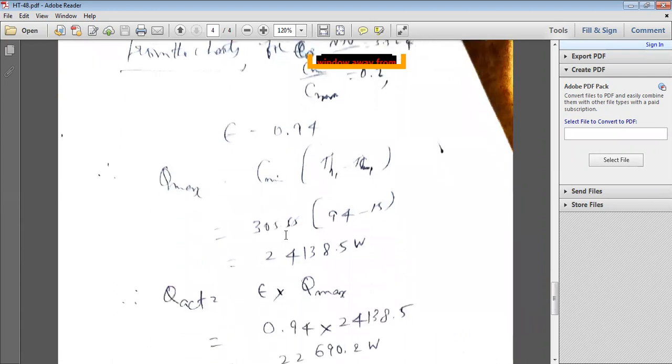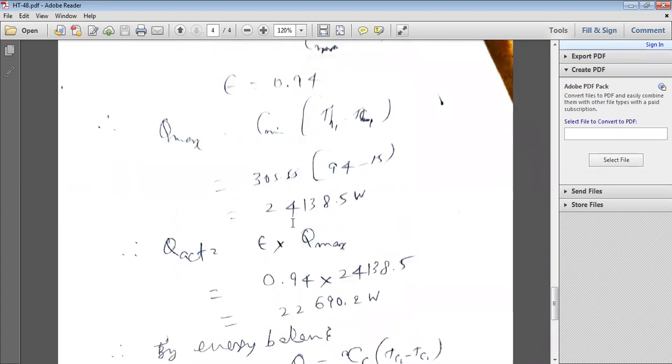That's why Q max is equal to 305.55 into 94 minus 15. From this, you will get the maximum heat transfer rate from this given heat exchanger. Q max is equal to 24,138.5 watts.